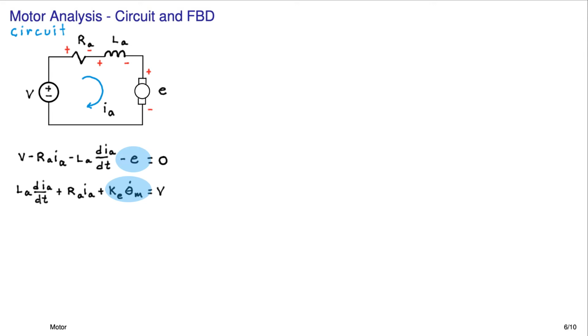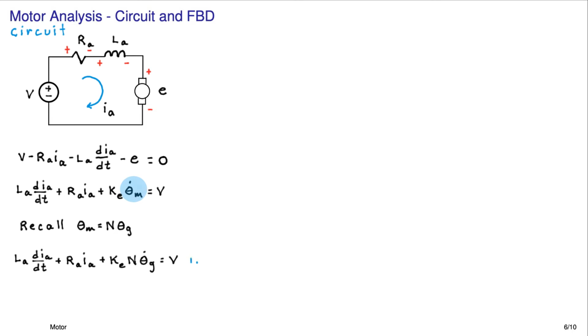And what it shows is that we have a coupling between this Ia equation, this dIa/dt equation, and the spin rate of the motor, and of course the input voltage V. Now since there's a gearbox, we also know that theta m is equal to n times theta g. So I can replace that theta m dot with an n theta g dot. And there we go.